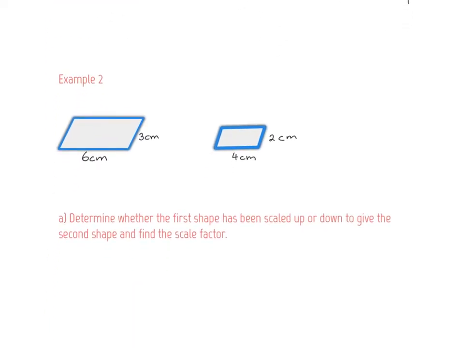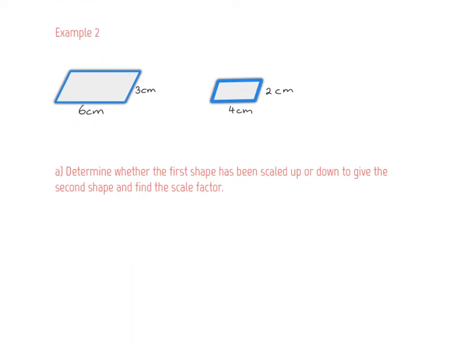All right, let's have a look at another example. Over here it says, determine whether the first shape has been scaled up or down to give the second shape. So are we enlarging or are we reducing? Remember, this is the actual, and this is the image. It's the one that's scaled. So let's have a look what's happening.